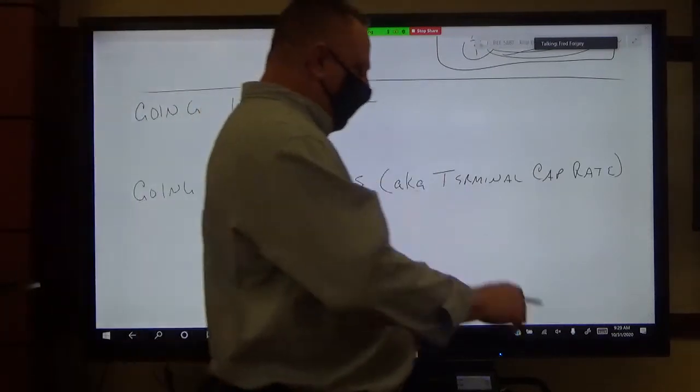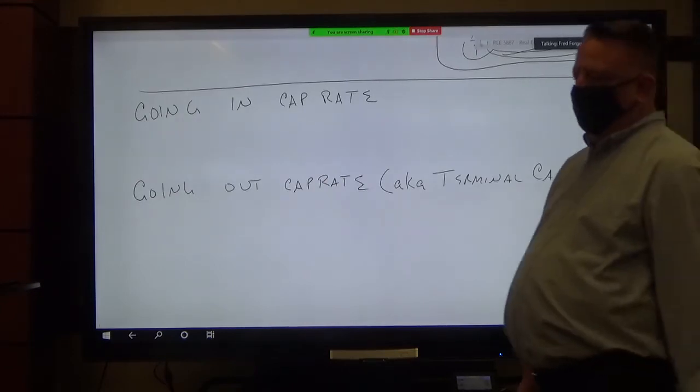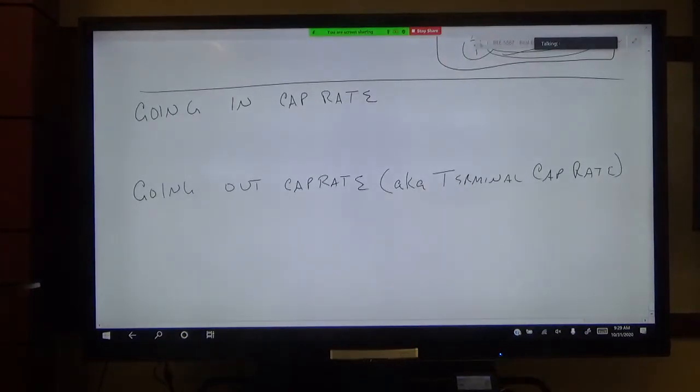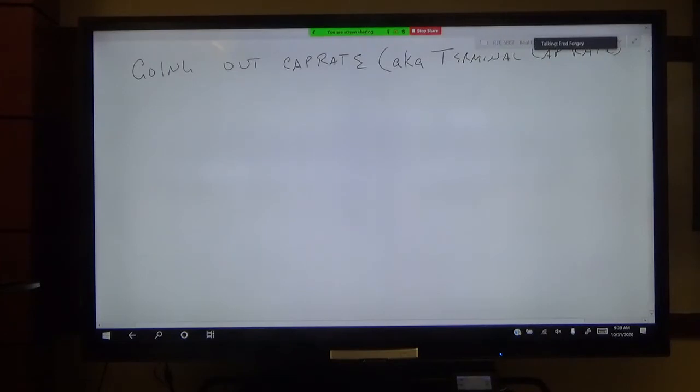So, for those of you that were in the finance class, you're already familiar with cap rates and that sort of thing. Those of you that are coming into this class, maybe not as much. So, first things first, the cap rate. Cap rate is very simple.